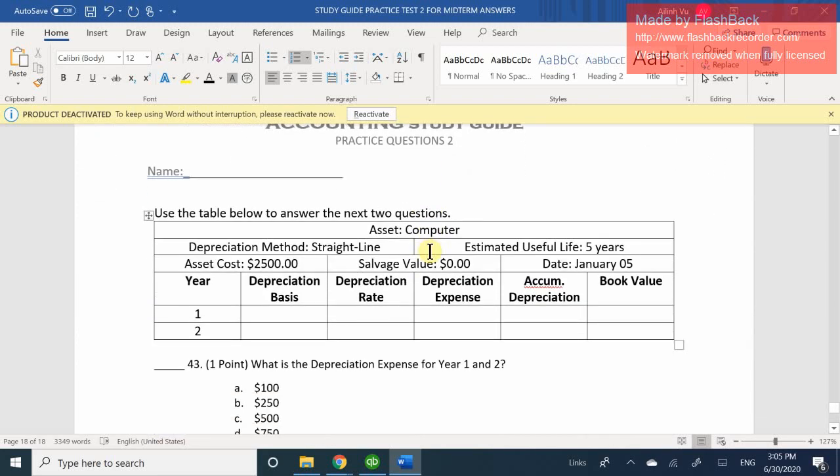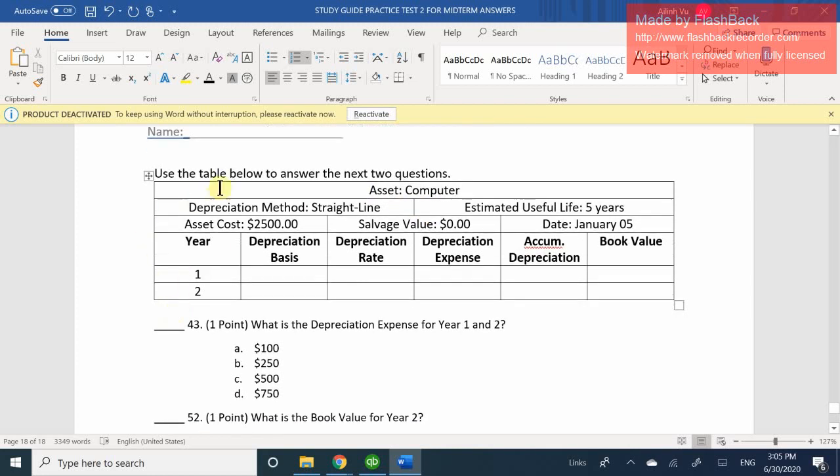All right. Now we're actually going to be moving on to use the following table below to answer the next two questions. Okay, so here is a nice table. Here it says asset is going to be a computer.